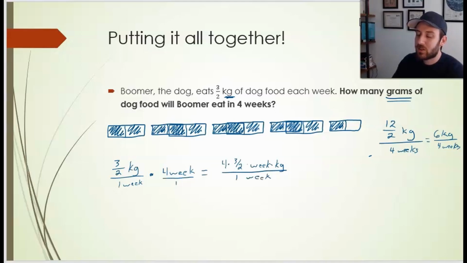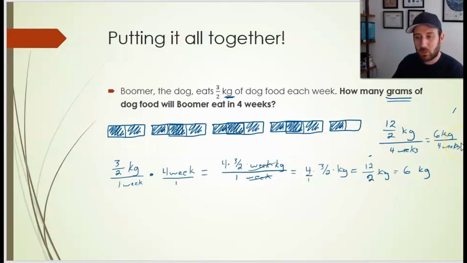And since I see weeks on the top and bottom, I can cancel them away, and I can see that we have 4 times 3 halves, and we're only left with kilograms. And 4 times 3 halves, I can make that a hidden number 1. And 4 times 3 is 12. 1 times 2 is 2. And we keep our kilograms. That makes 6 kilograms that we found in the 4 weeks.